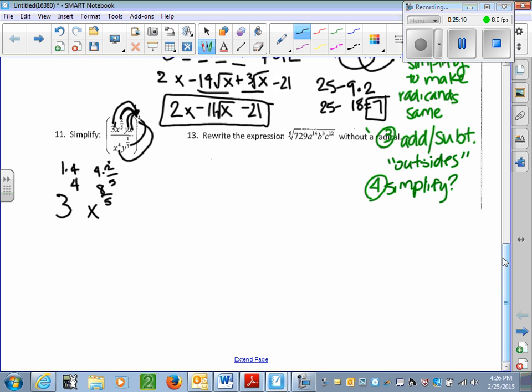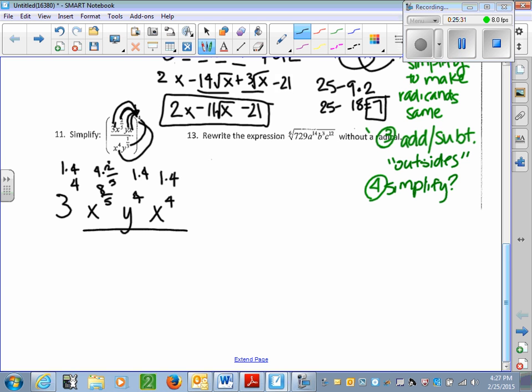Then I did y, which was a 1, so I have 1 times 4, which gives me a y to the 4th power. And again, my x in the numerator has a 1 exponent on it, so it's another 1 times 4, which gives me an x to the 4th power as well.